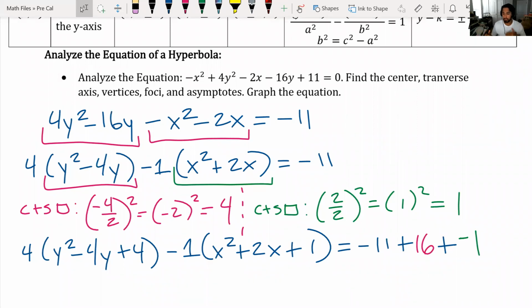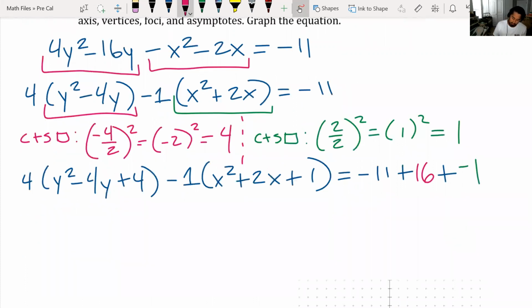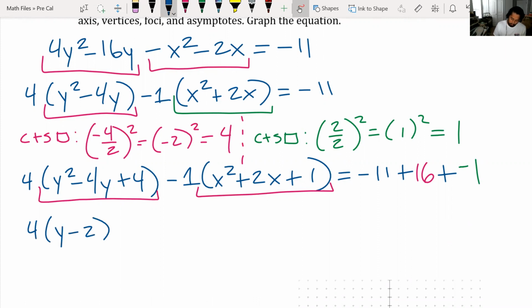All right. So we've added the 16 and added the negative 1 to the right side, which means we now must clean up. So remember, whenever you complete the square, these trinomials become perfect square trinomials. So we end up with 4 times y minus 2 squared minus x plus 1 squared equal to, what is that?